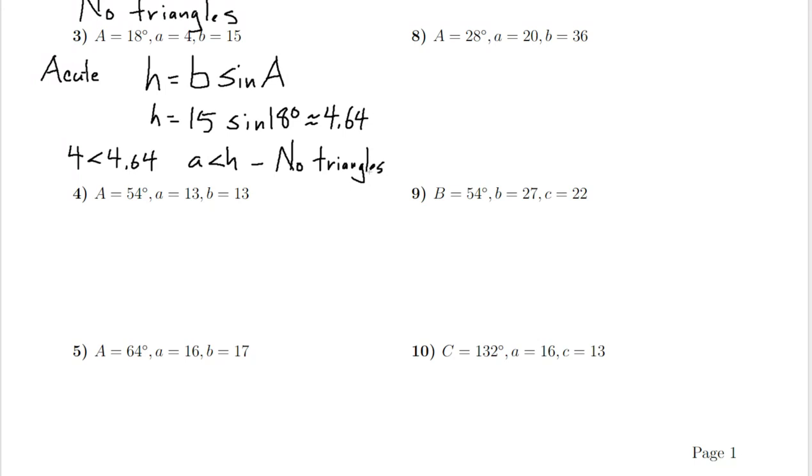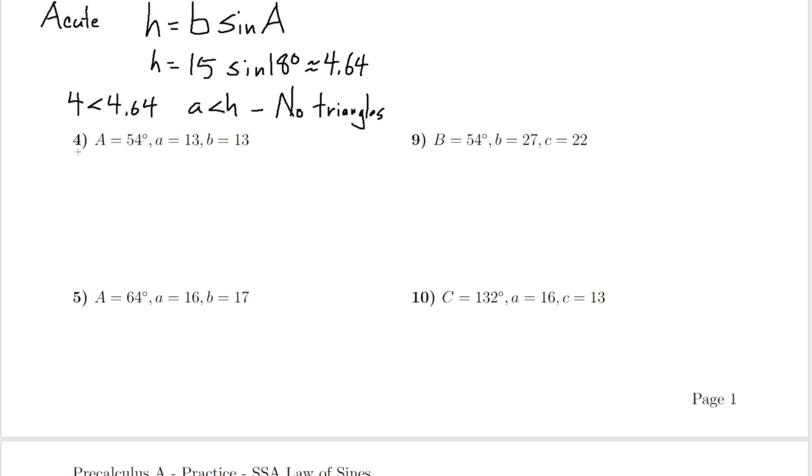Okay. So as soon as you see this H greater than your A value, you can stop working. You know that there's no possible triangles. Go ahead and give number 4 a try.